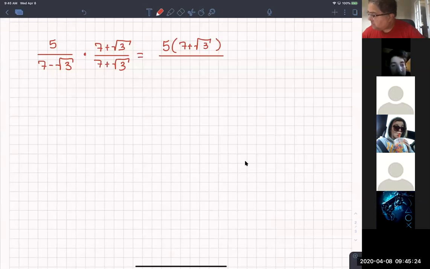Because I know the other one, if it had just a square root, you just take the square root. When do you do this? When it has a minus in it?